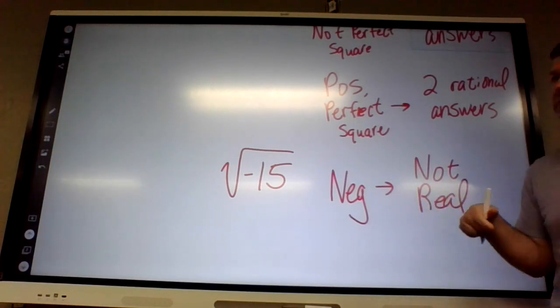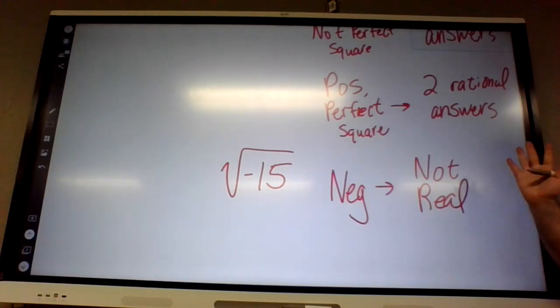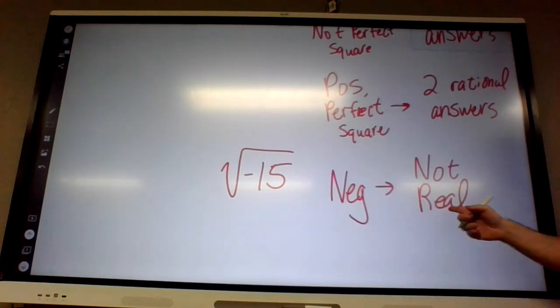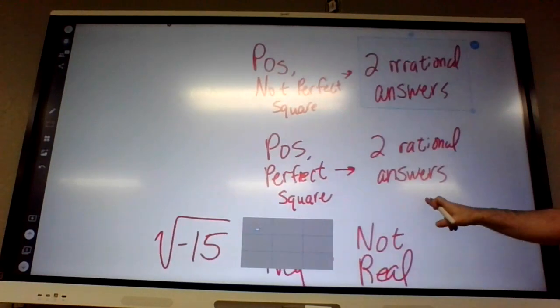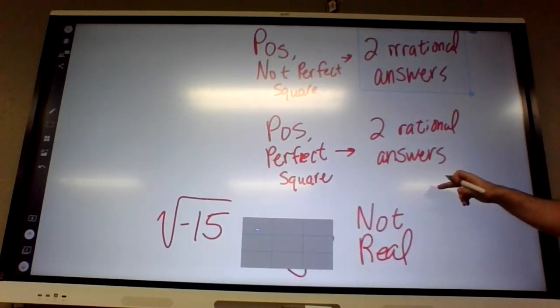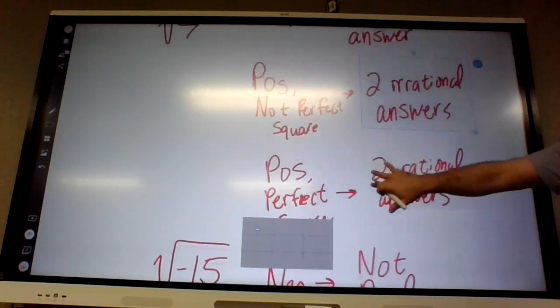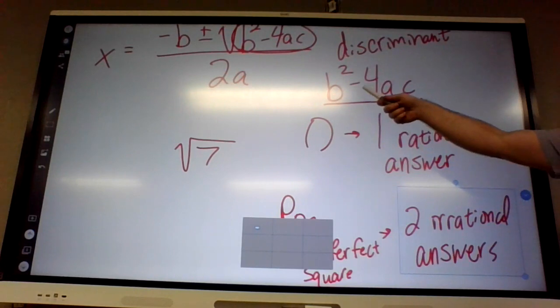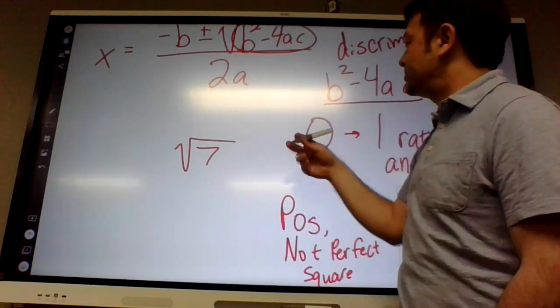It did not happen yesterday. So we're just going to leave it at that. No real solution. Alright, so those are the 4 options. So you can know what answers you're going to get by just looking at b squared minus 4ac. What's under the radical decides what kind of answers you're going to get.